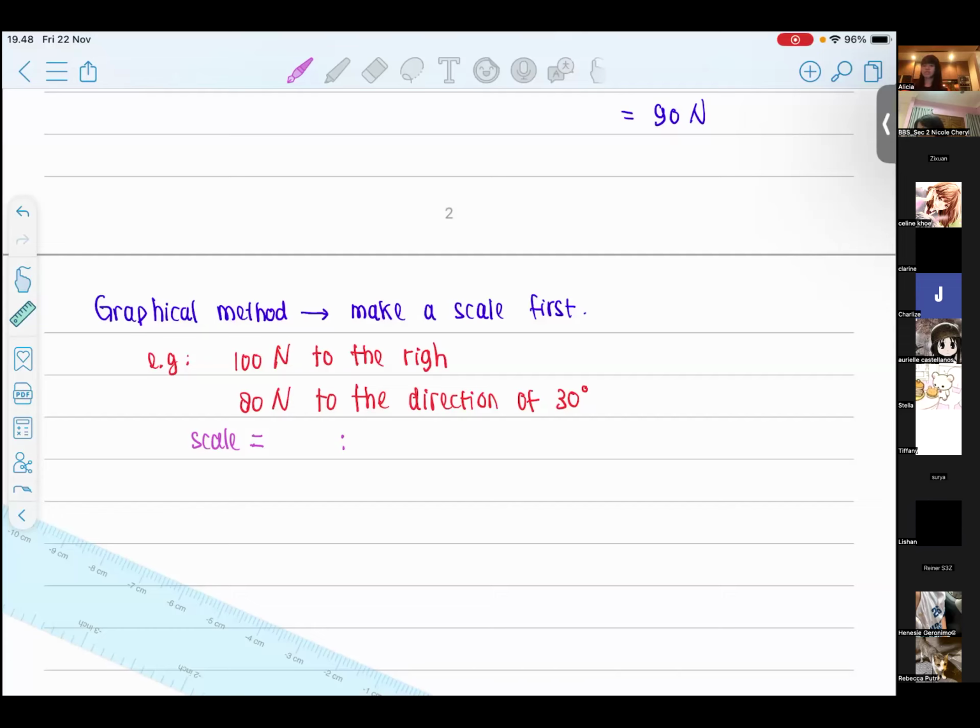Okay. Or you can state 1 to 10 like this. There are two ways to write. You can write 1 centimeter to 10 or 1 to 10, it is okay.